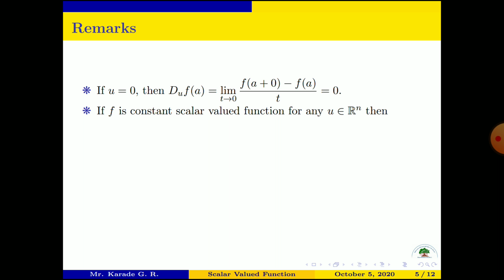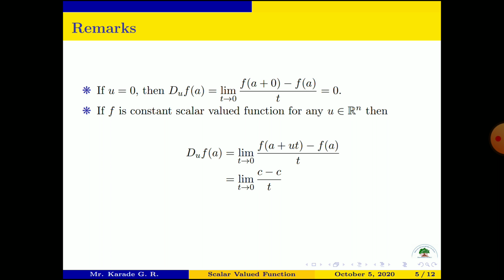Okay, now the next remark is, if f is a constant scalar valued function, for any u belongs to Rn, then the directional derivative of f at a in the direction of u is given by, this is the definition of directional derivative, limit t tends to 0, f of a plus ut minus f of a divided by t, is equal to limit t tends to 0.